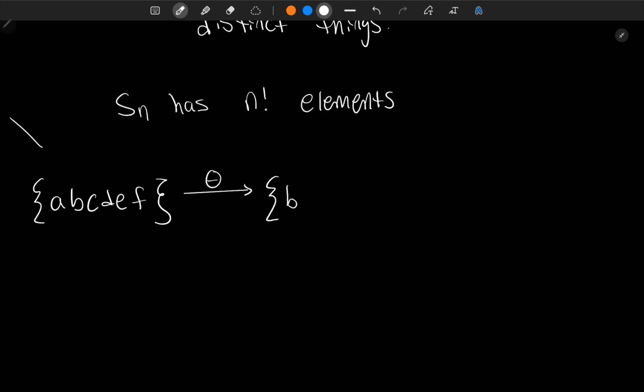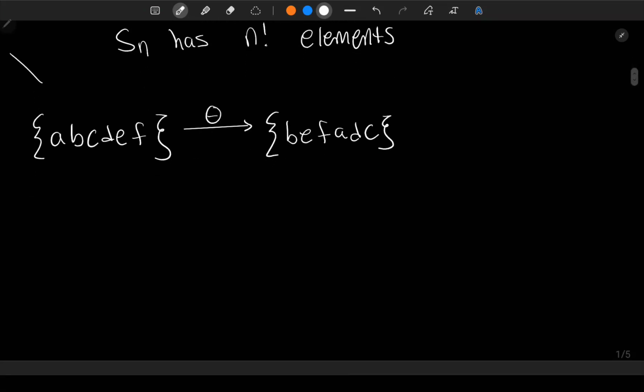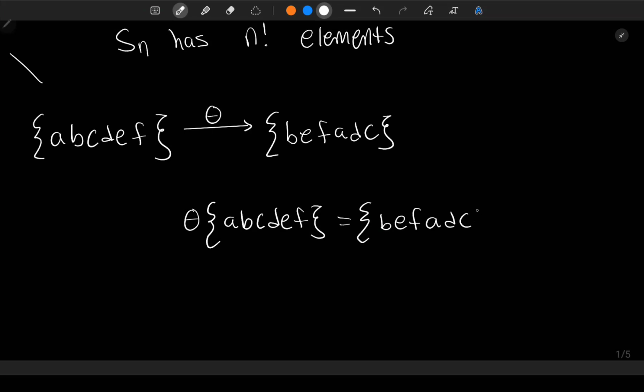It sends it to B, E, F, A, D, C. We can represent this as the following. We can just say theta is a map which maps A, B, C, D, E, F to the ordered set B, E, F, A, D, C.